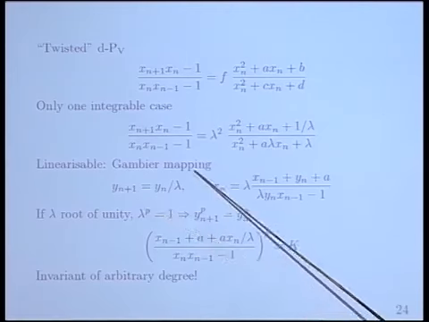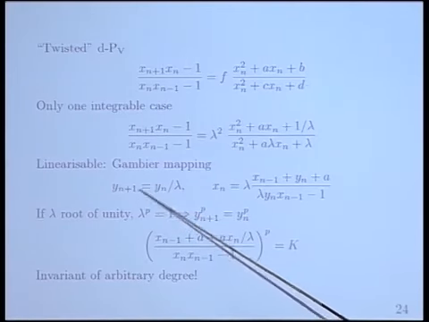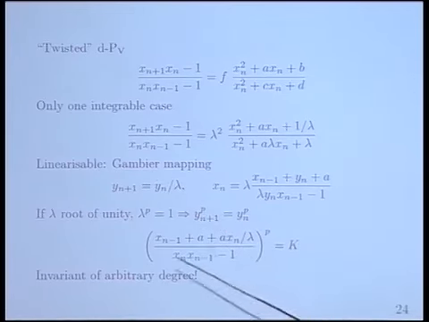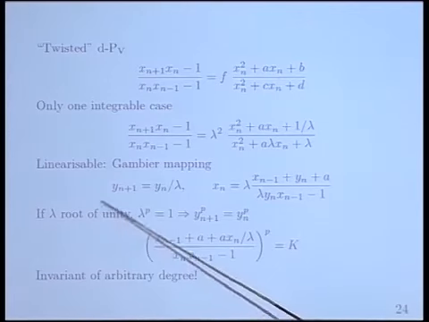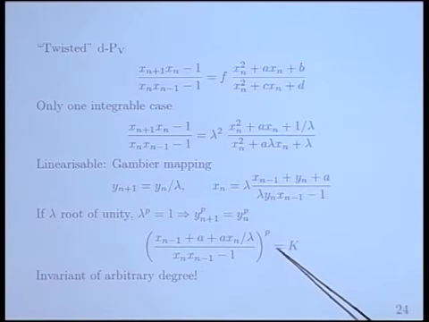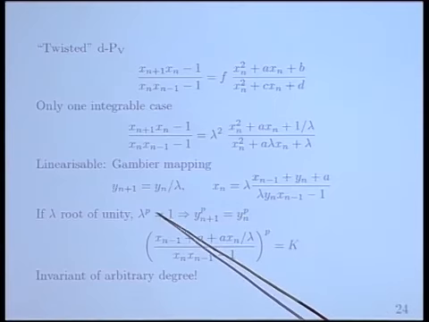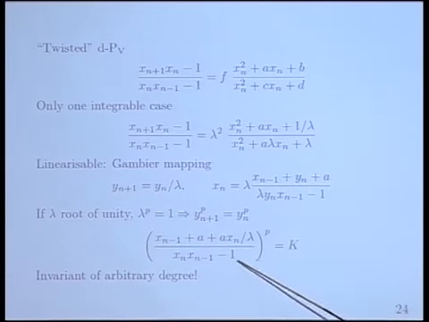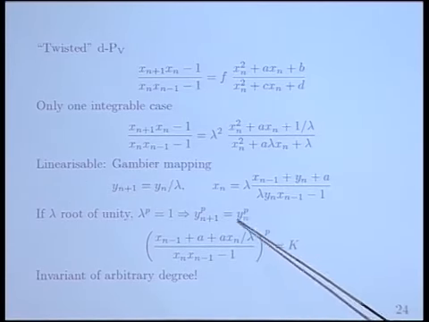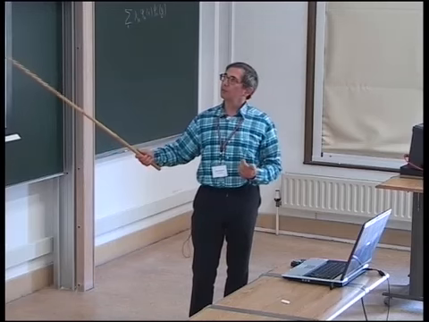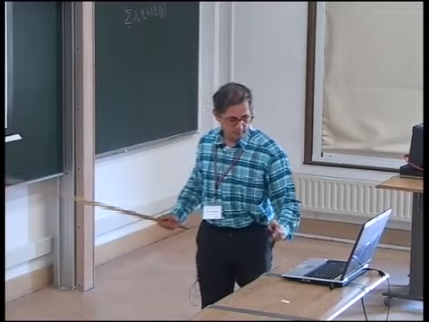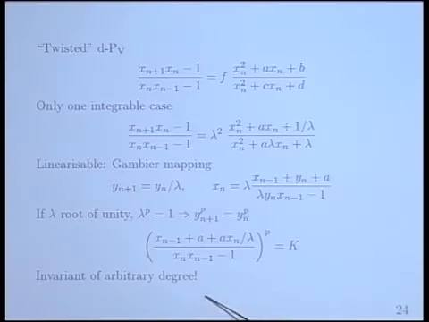And because the equation for y, which is used in the Gambier mapping, is that simple, if, but only if, lambda is a root of unity, I can get here an integral which is just y to the p, which, depending on the value of lambda, can be of arbitrary degree. I mean, of course, the lowest possible p is arbitrarily high depending on lambda. So this is also a pretty interesting result, having integrals of arbitrary degree here.